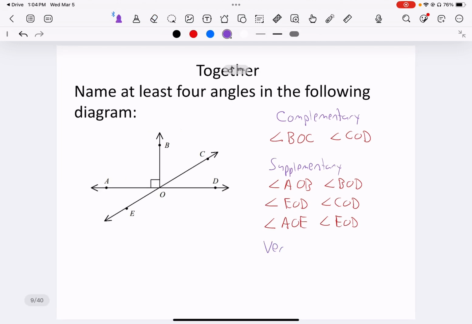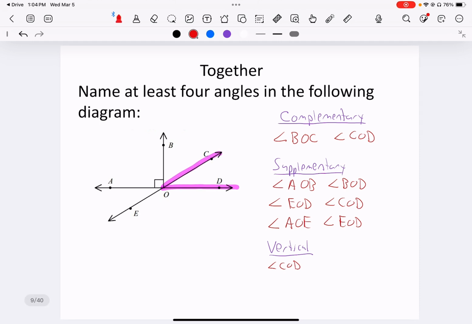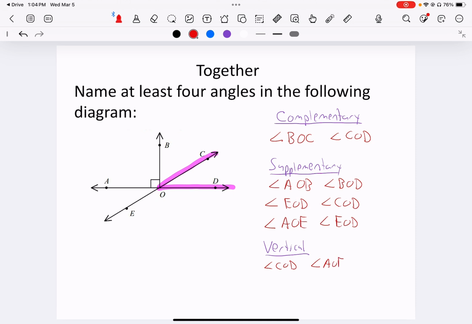Vertical angles are angles that are opposite to each other, meaning their backs are touching. So a pair of vertical angles would be angle COD, which is this angle, and angle AOE, which would be this angle.